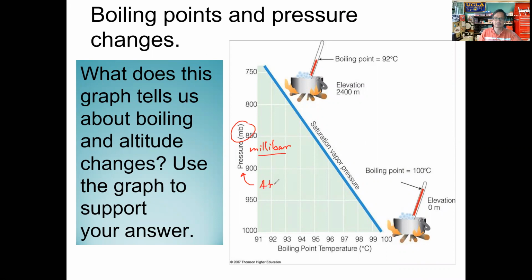This is atmospheric pressure measured along the y, and temperature measured along the x. So what does this particular graph tell us about the boiling point of this liquid at different atmospheric pressures?